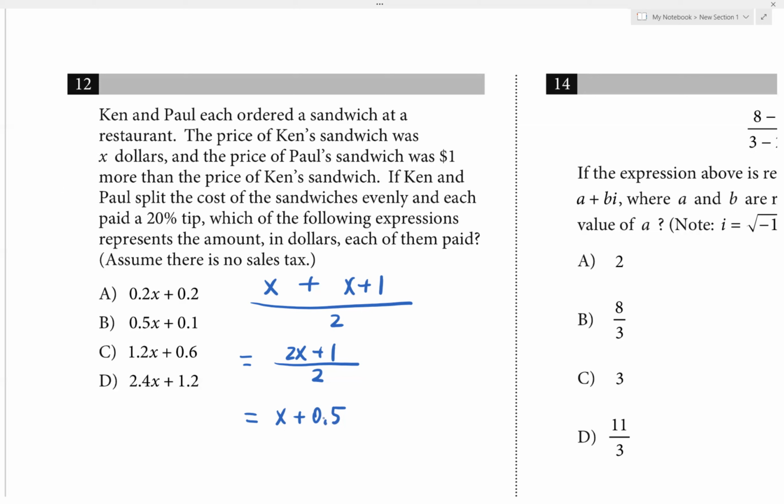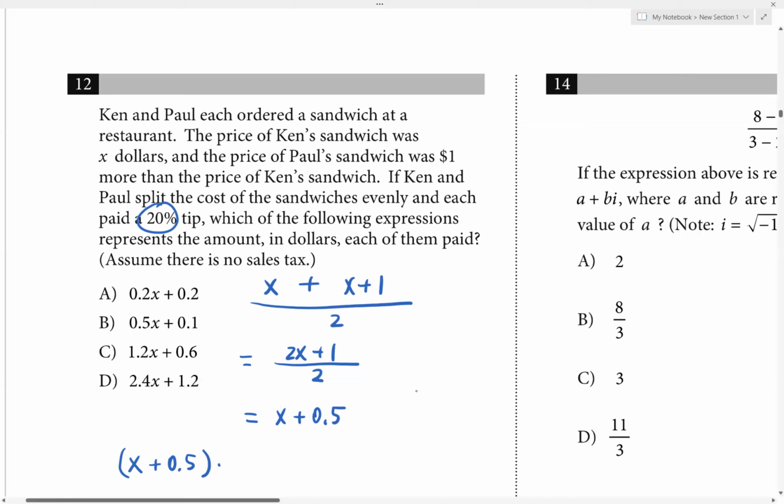What we have right now is x plus 0.5. I'm going to multiply this by 1 plus 20%. The 20% is representing the tip, and the original amount is 100% of the amount that we had to pay.